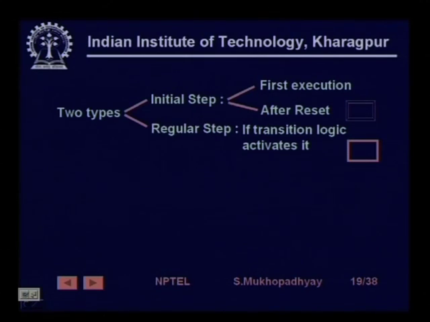One is the first time you execute after power on, and second is after a program reset. Sequential function charts have some standard instructions which are assumed to reset the program. After reset also you can execute this particular type of step called the initial step, typically used for initializing variables, states and intermediate variables. Otherwise, you have regular steps, and which one of them is active at any time depends on the transition logic, as we have seen.